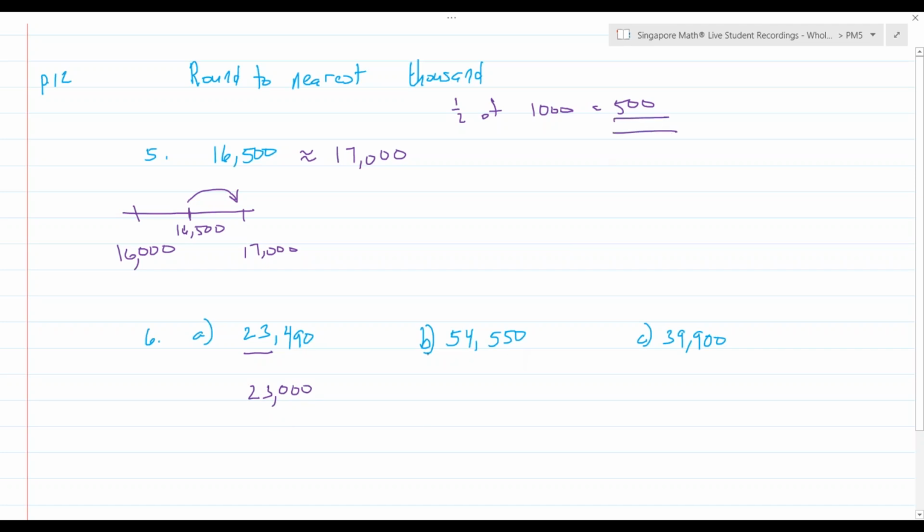Remember, 500 is halfway, so it's going to be 55,000 when it's rounded. 39,900 is definitely past the halfway, so it'll be 40,000 when you round it to the nearest 1,000. And with that information, you are ready to do exercise 3.